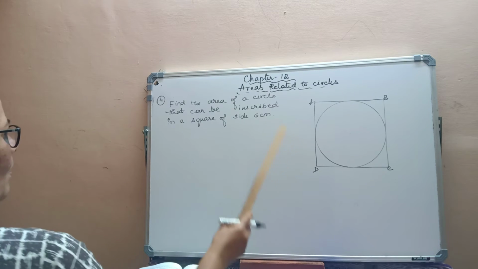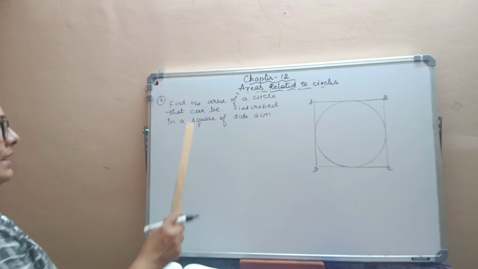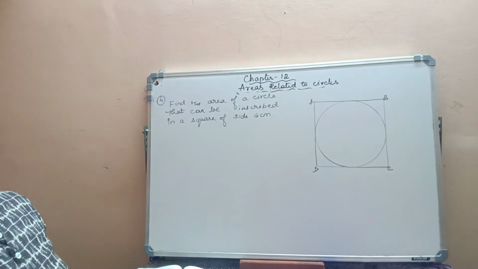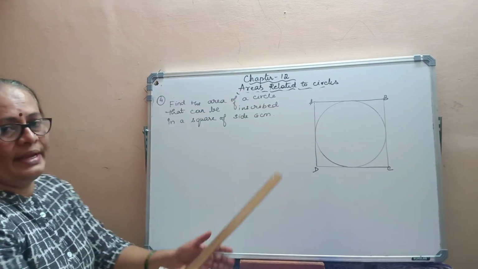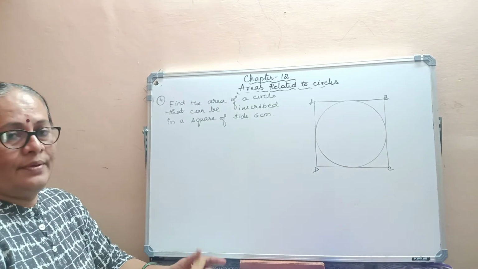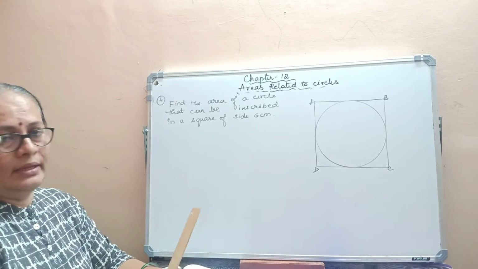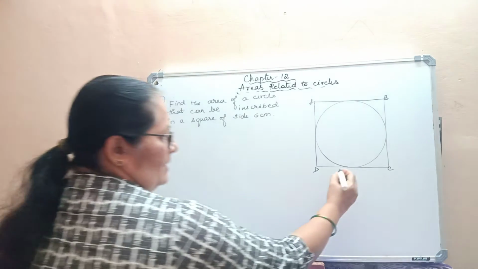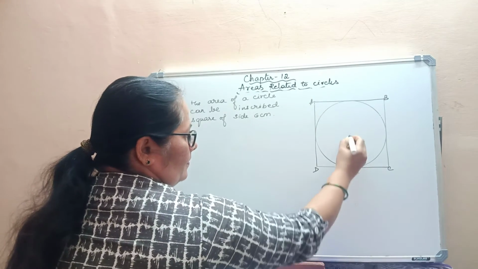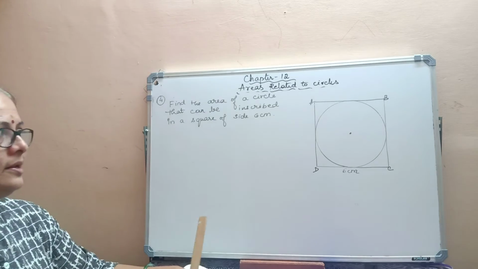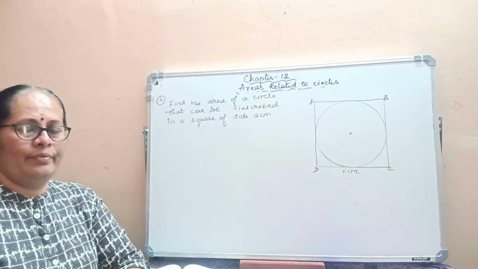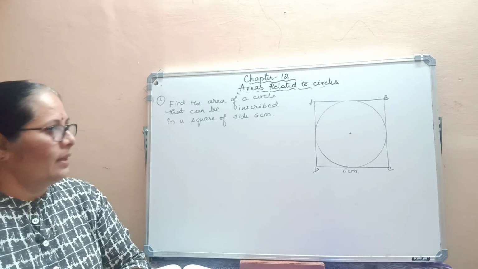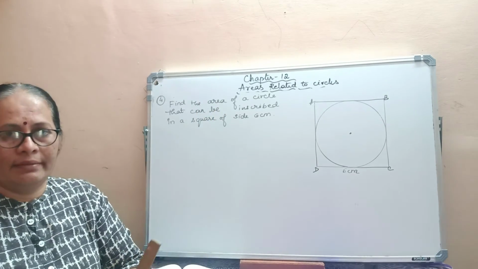Find the area of a circle that can be inscribed in a square of side 6 cm. How to calculate the area of a circle? The formula is pi r square, but the radius is not given.